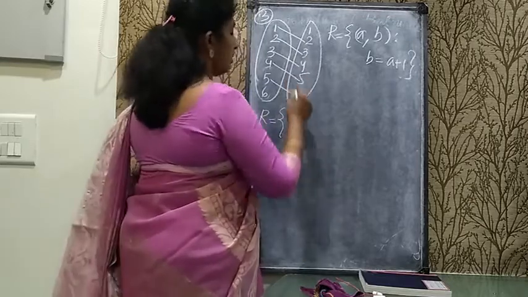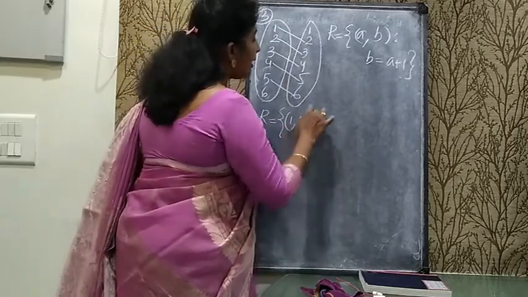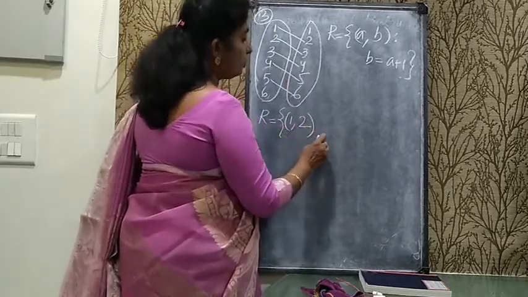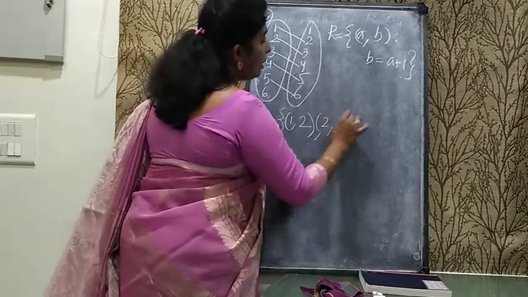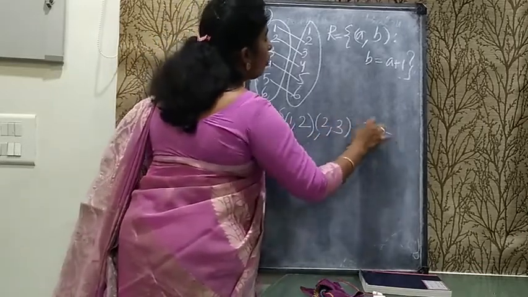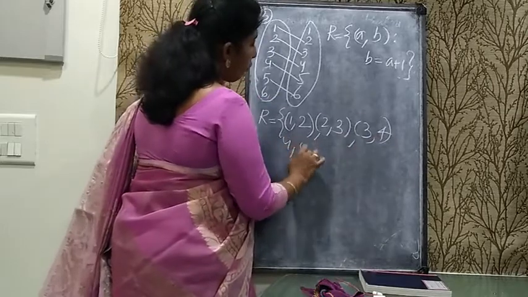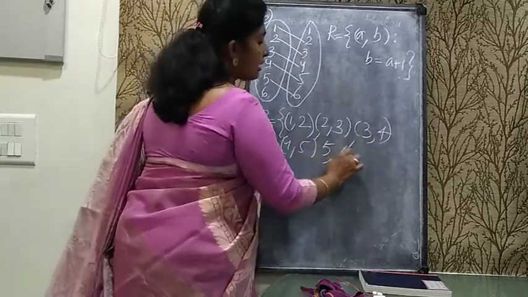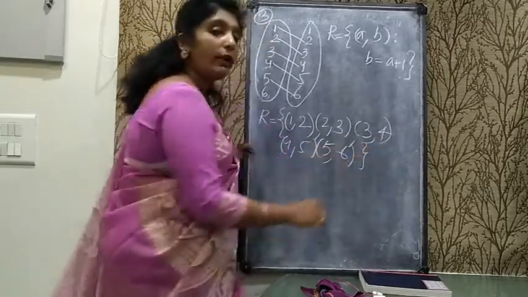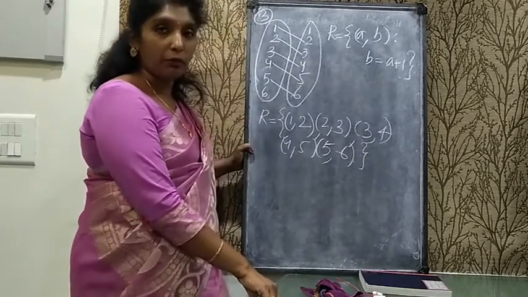It means in our relation (1, 2), (2, 3), (3, 4), (4, 5) and (5, 6). These many ordered pairs will be there in our relation.